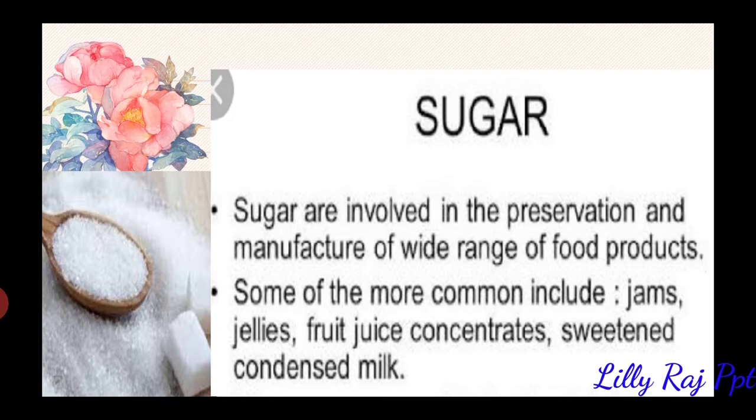Apple jam, you can eat with bread. Jellies, fruit juice concentrates, and sweetened condensed milk. In these items we use sugar or sugar syrup to prevent the growth of microorganisms by mixing with the water content of the food.